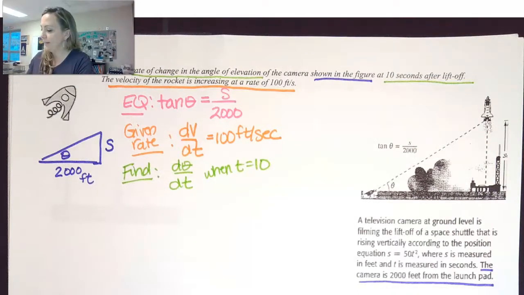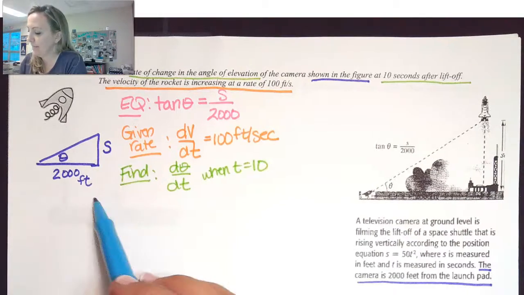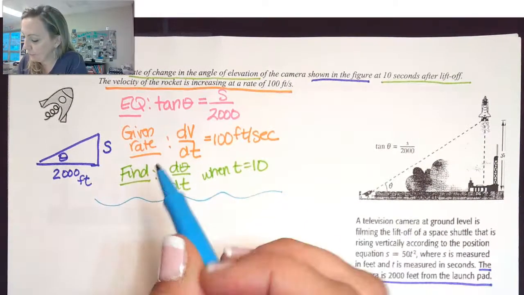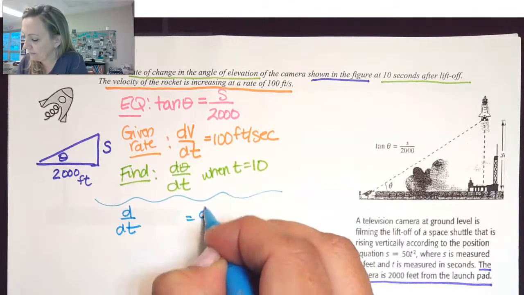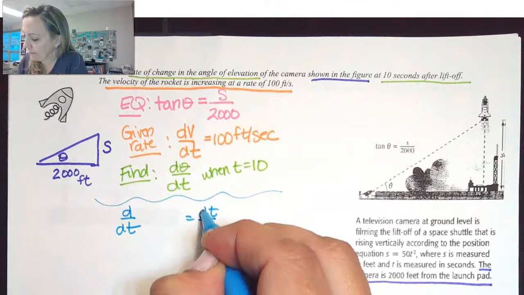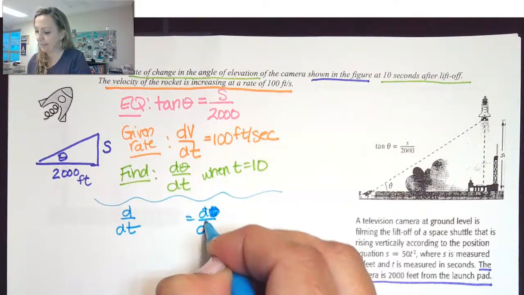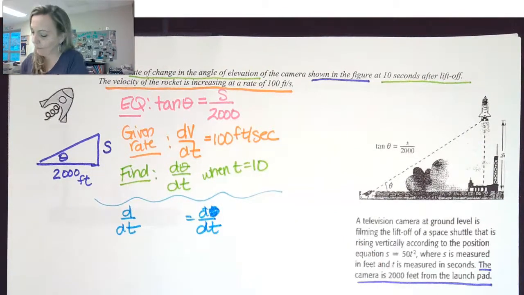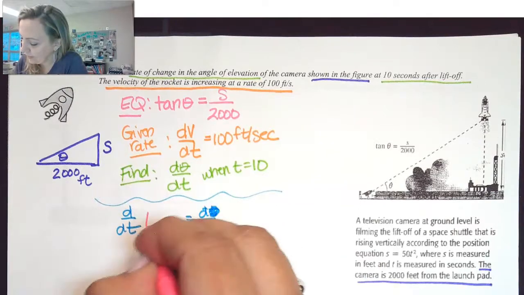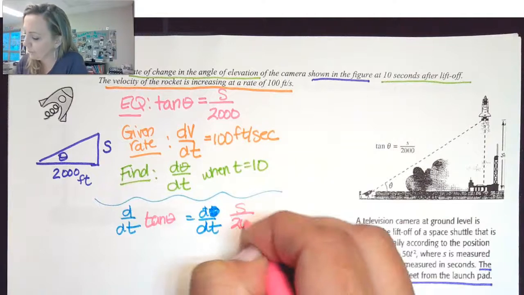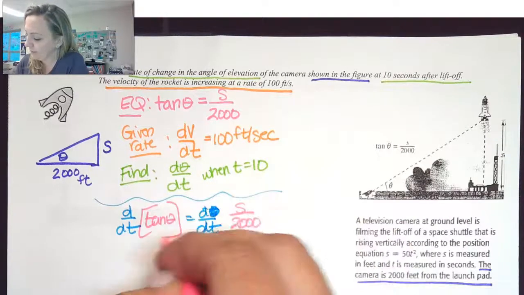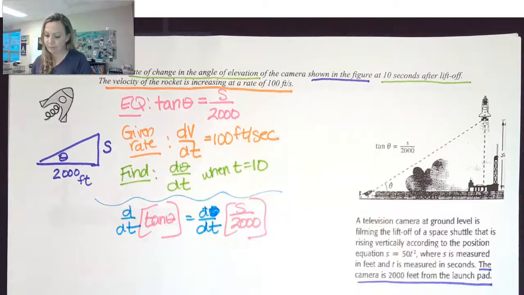Now remember that step 2 has us differentiate with respect to t. Sorry, got excited about the t there. We're going to differentiate this equation, that the tangent of theta is going to be s over 2,000, with respect to t.